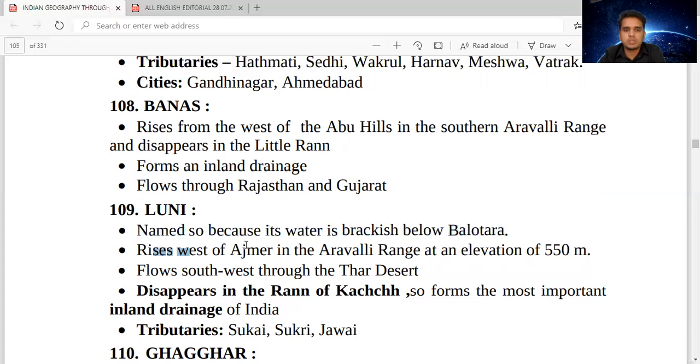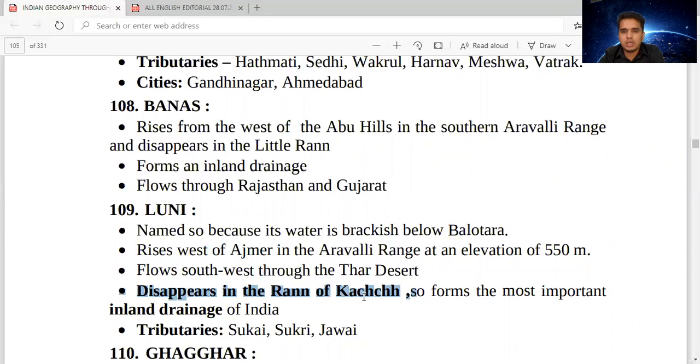It rises west of Ajmer, in the Aravali range at an elevation of 550 meters, flows southwest through the Thar Desert, and disappears in the Rann of Kutch.